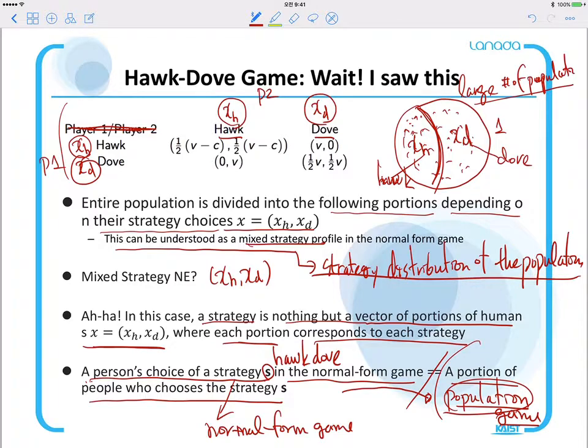The picture that I'm looking at is a macroscopic behavior. We have an entire world, and some portion of the people uses a different strategy, and this portion can be regarded as a mixed strategy profile in a normal form game. In the population game, that corresponds to the portion of the people which uses some specific strategy. And that's pretty interesting, right?